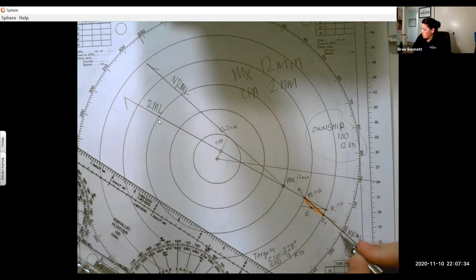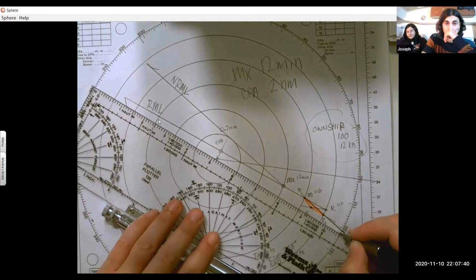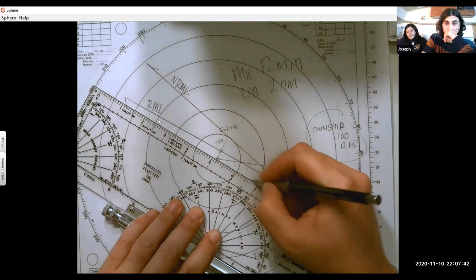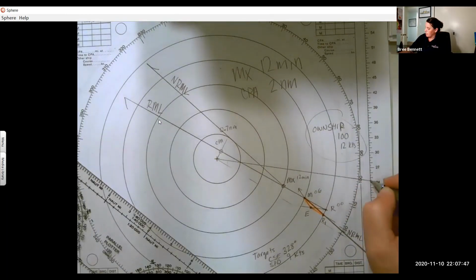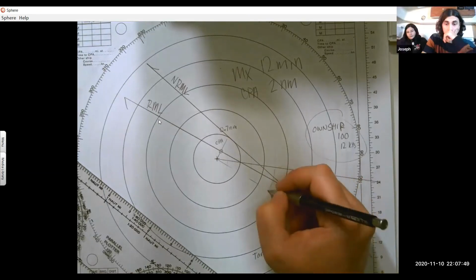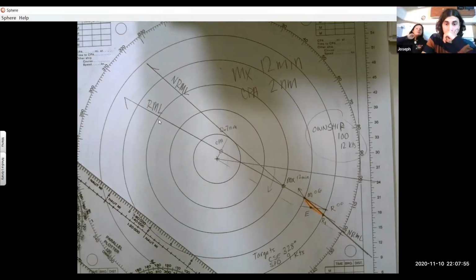So I'm going to change course to 122. That is going to be my new course. So I was at 100, and I'm going to come right to 122 so that they will cross ahead of me.